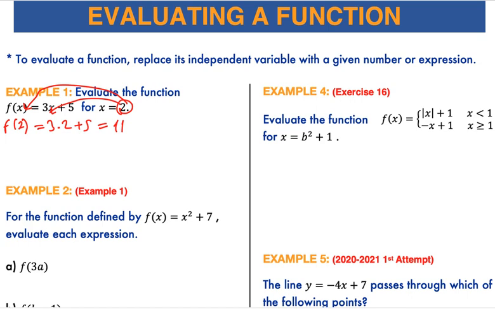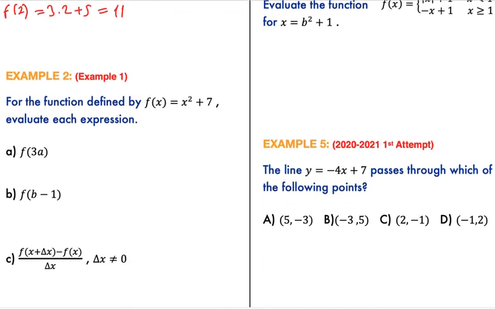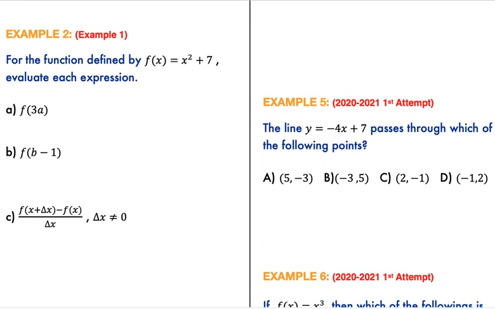Second example, example 1 in the book. Evaluate this function x squared plus 7 at 3a first. So we will be replacing our x with 3a.